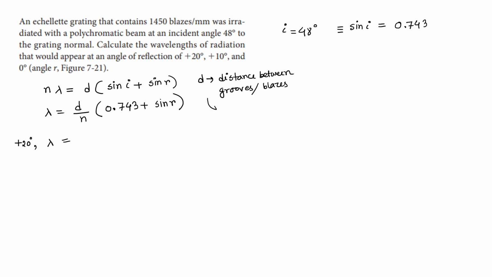Which is going to be, so at 1 millimeter there are 1450 blazes. So the distance between each blaze is 1 millimeter by 1450, right?